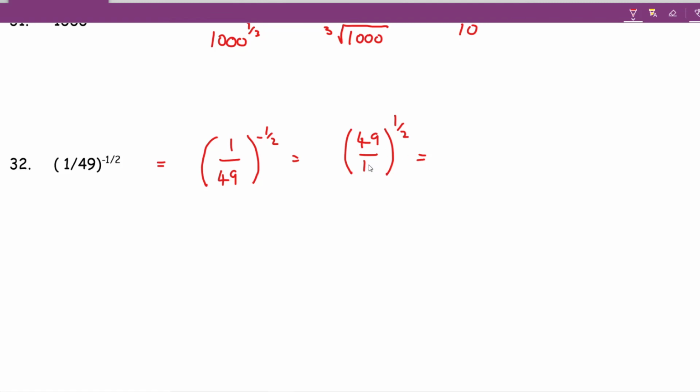So 49 divided by 1 is 49, and to the power half is the same as square root. Square root of 49 is 7. And that's your answer.